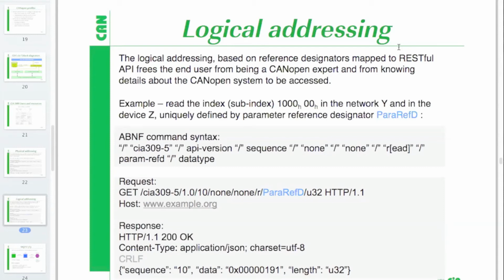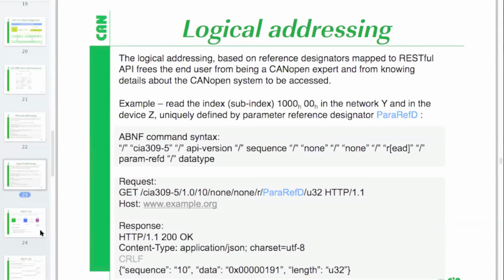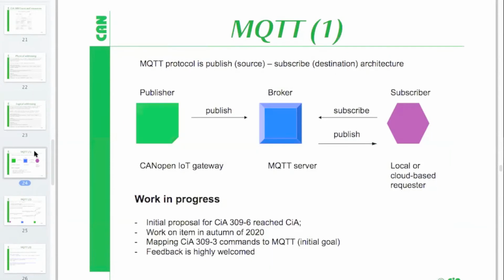The specifications are available. You can use them and design corresponding gateways with them. What we have not yet done, which is currently a work in progress, is MQTT. If it is necessary, I can do a short introduction. This is a concept of publisher, broker, and subscriber in the MQTT protocol, allowing me to collect the data correspondingly.